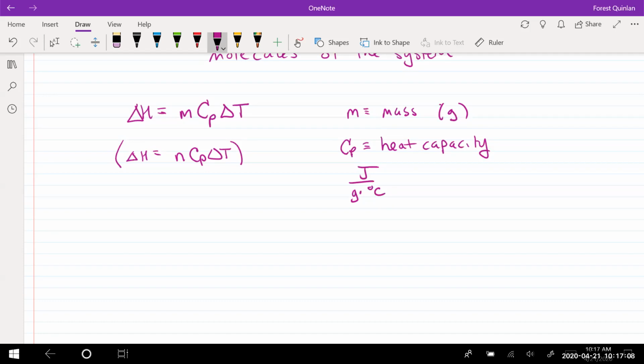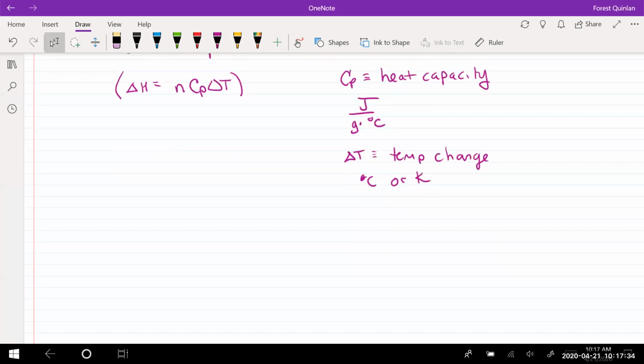Now, we have the CP, or the heat capacity, and then we have the delta T. Of course, that's the temperature change. And that's going to be in degrees C or Kelvin, because remember, since it's a difference, they are the same. It doesn't matter. So a couple things I want to note as you look around for any of these.